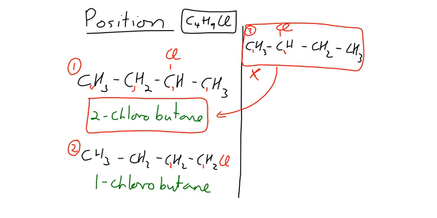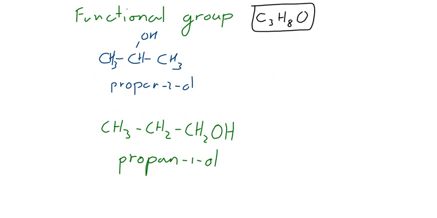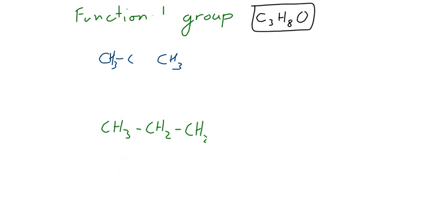Our third structural isomerism is functional group. And what did I do here? This is wrong. This is not a correct one that I wanted to show you. If we look at functional group isomerism, sorry, this happens sometimes. Functional group is when we interchange between two functional groups.